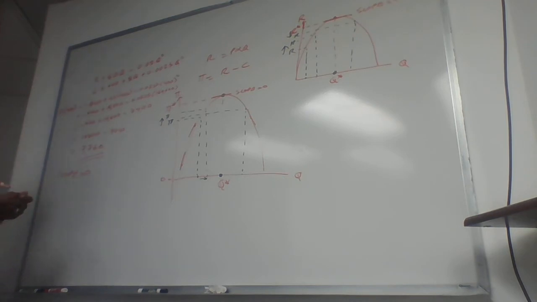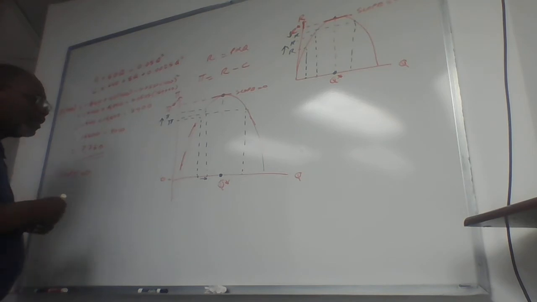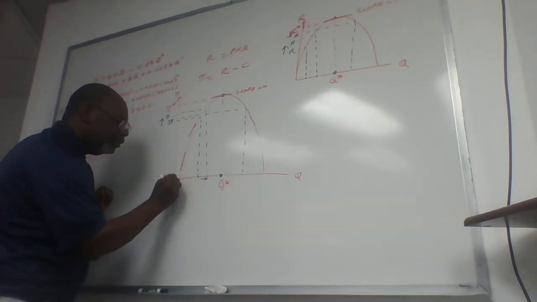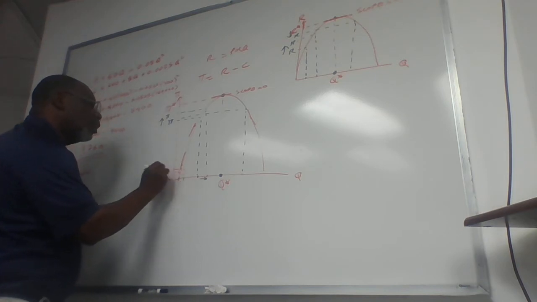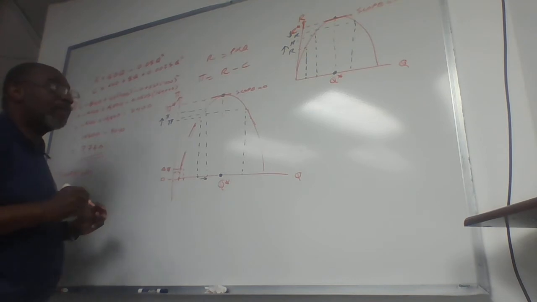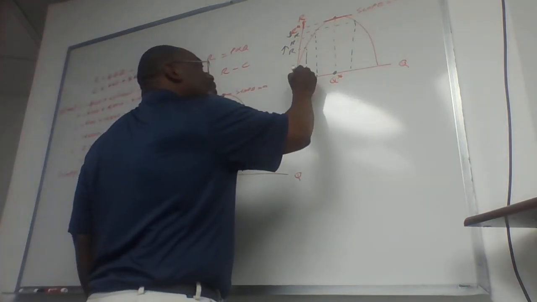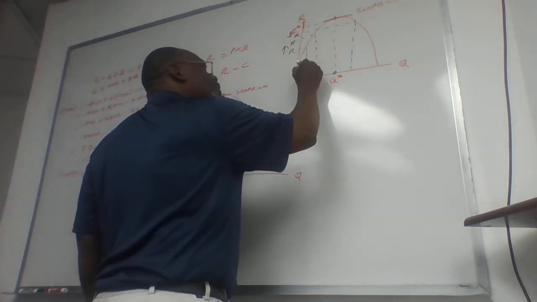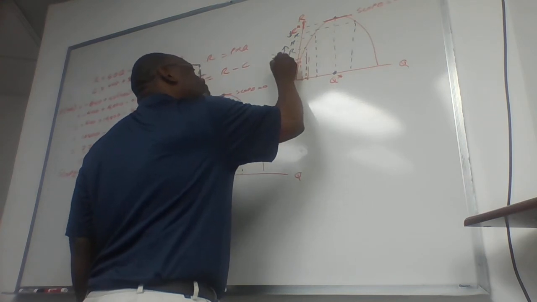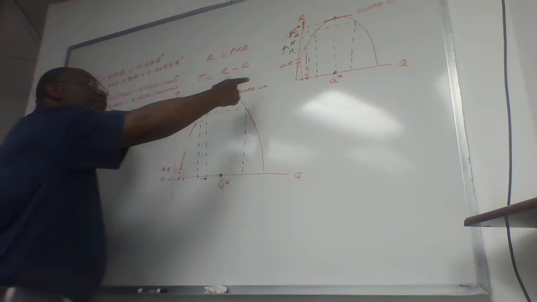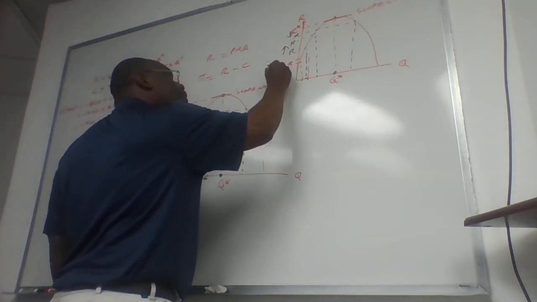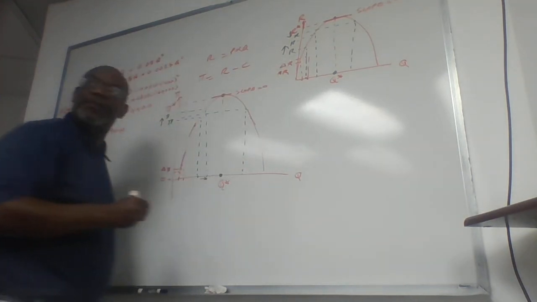The second thing we know is that whenever we increase production from one unit to the next unit, we see how much profit changes. Whenever we increase production from one unit to another, we see how much revenue changes. This change in revenue is what we call marginal revenue.